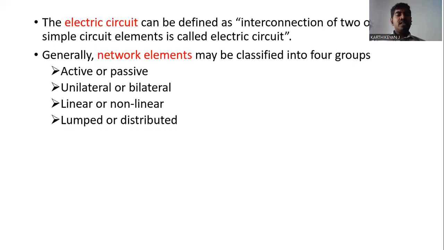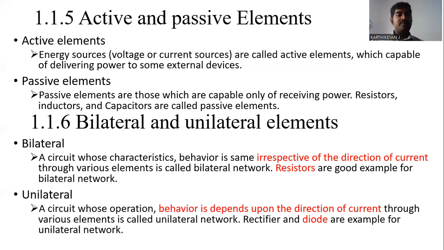Network elements can be of four types. One is active or passive element, another is unilateral or bilateral element, another is linear and nonlinear element, and lumped or distributed element. If the elements deliver electrical power to another, it is known as an active element.